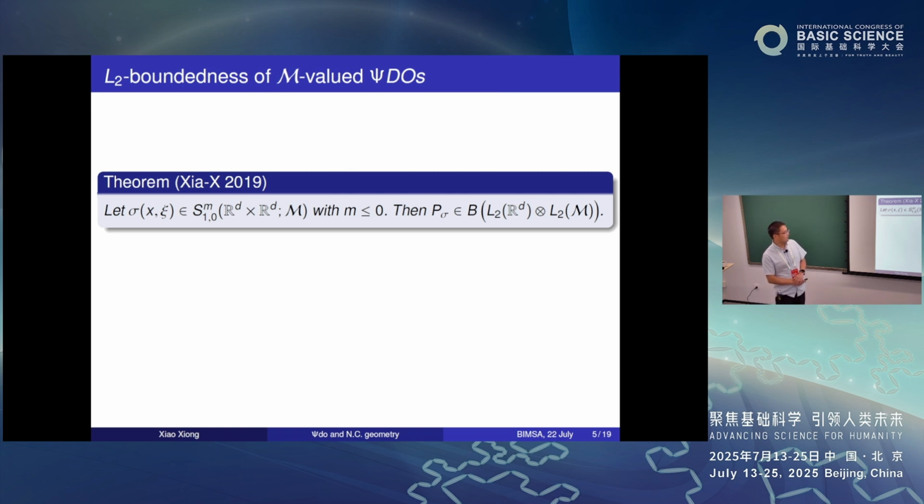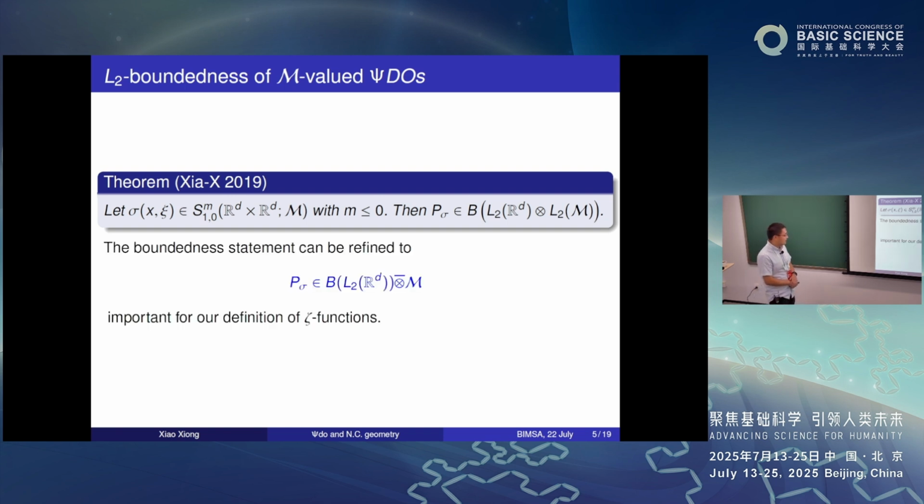But if m is positive, then we have to consider the Sobolev space, not L2. This means our noncommutative pseudo differential operator is also bounded on L2 tensor L2.